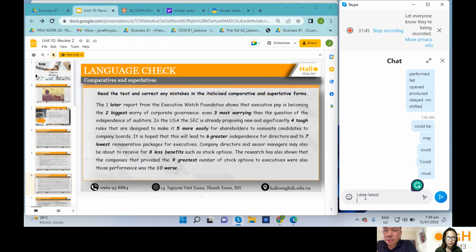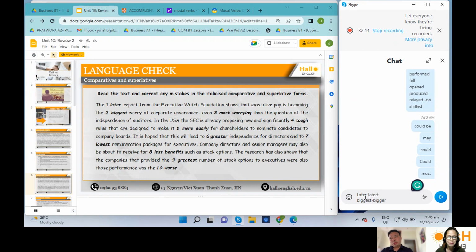I think this is biggest. The comparative form of biggest is superlative, right? Yes. But I think it's not the right word, so you will change this into comparative. The comparative of biggest is bigger, right?